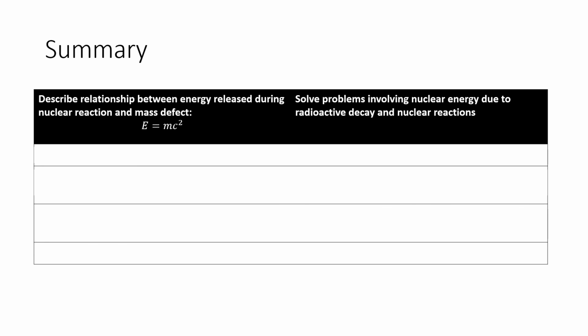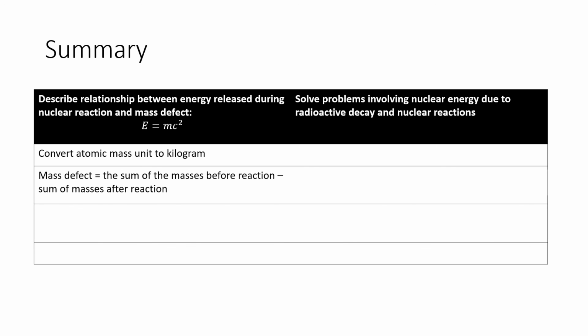From this learning standard, you learned how to convert atomic mass unit to kilogram. And then you also learned that mass defect is equal to the sum of the masses before reaction minus the sum of masses after reaction. And mass and energy are interchangeable and expressed as E equals mc squared.